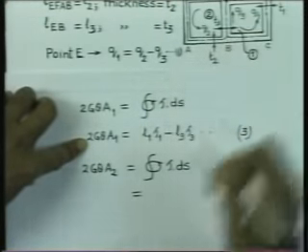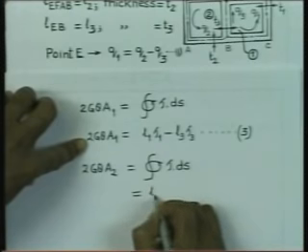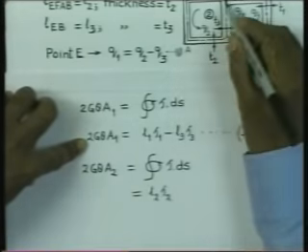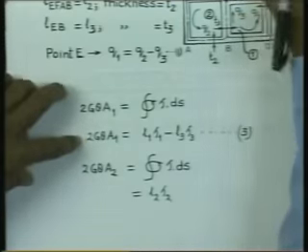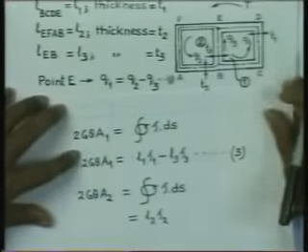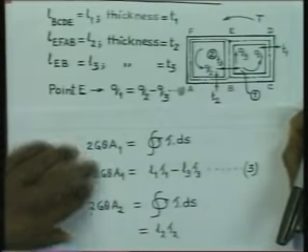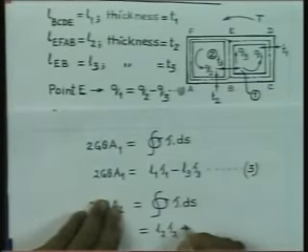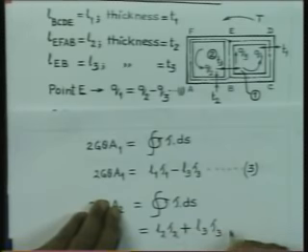and therefore this will become L2 into tau 2. From B to E we are moving in the same direction as the shear stress and flow direction, and therefore it will be L3 into tau 3.